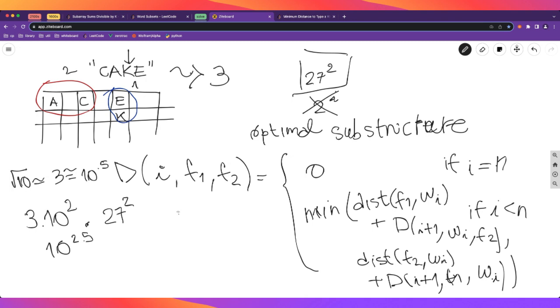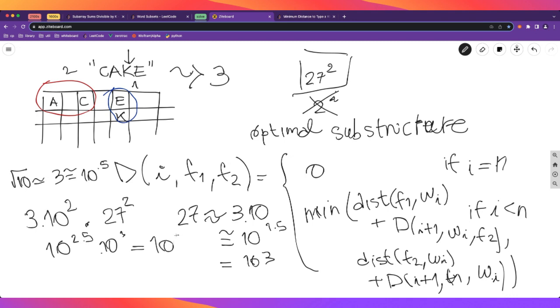27 is pretty close to 30, and by the same reasoning it's 10 to the 1.5, but this is squared, so it's 10 to the 3. So this is equal to 10 to the 5.5, which is small enough, so the number of subproblems is pretty small.